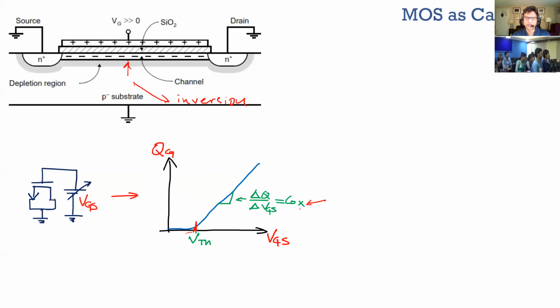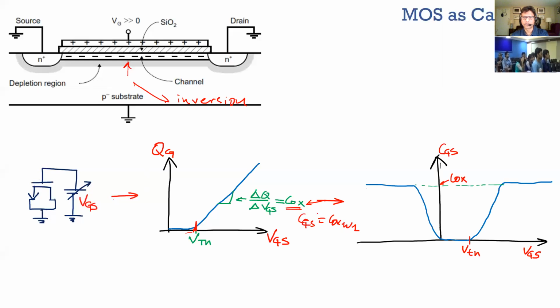By the way, Cox is the capacitor density. So if you have W times L, then the total CGS will be Cox times W times L. And if I draw it as a capacitance, this is how it will roughly look. If the voltage is 0 to VTN, the capacitor almost looks 0. After VTN, it slowly starts getting to whatever is your oxide capacitance.